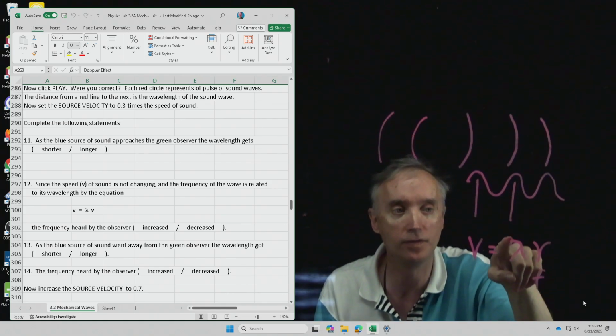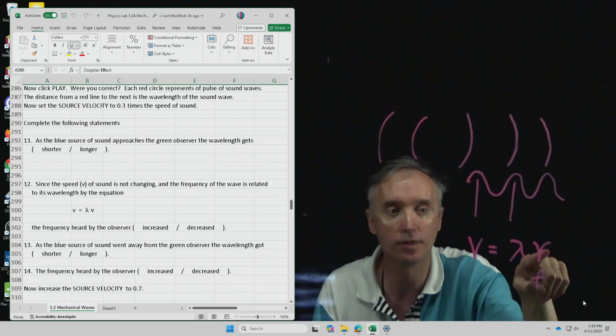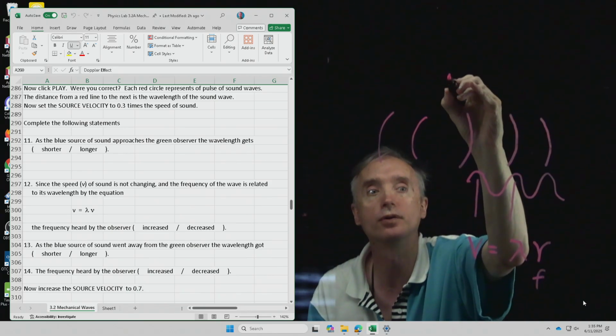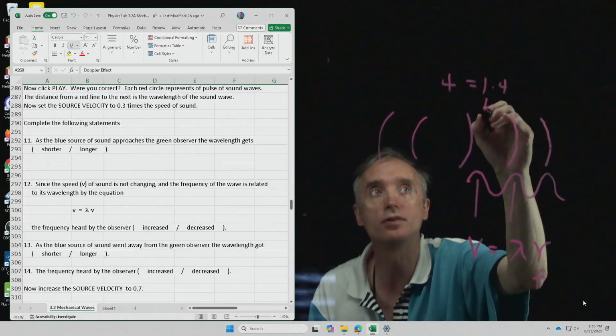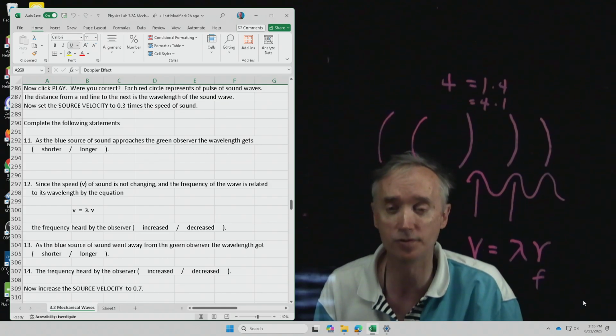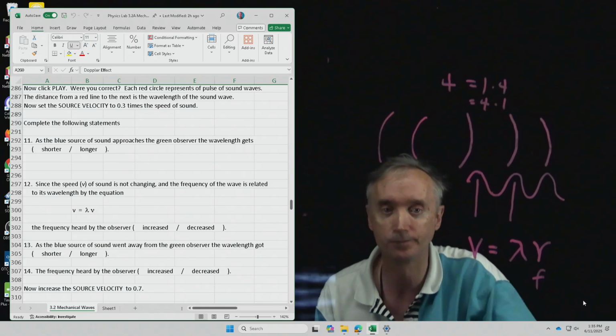If this number is doing something, then you can predict what this thing is doing. Again, we're using the concept that 4 is equal to 1 times 4, but it's also 4 times 1. So if one of the numbers is getting bigger, the other number has to get smaller in order to compensate, and vice versa.